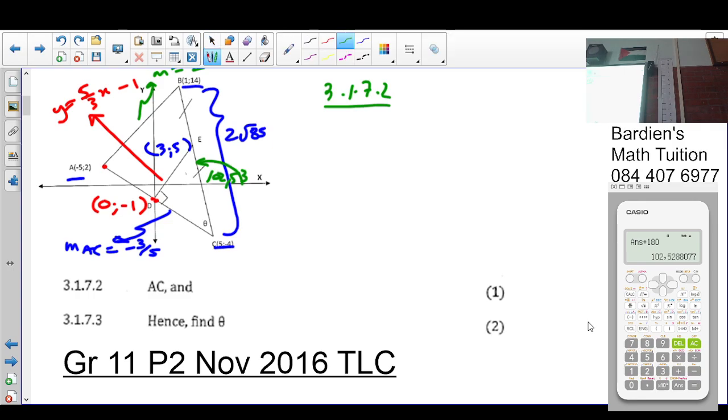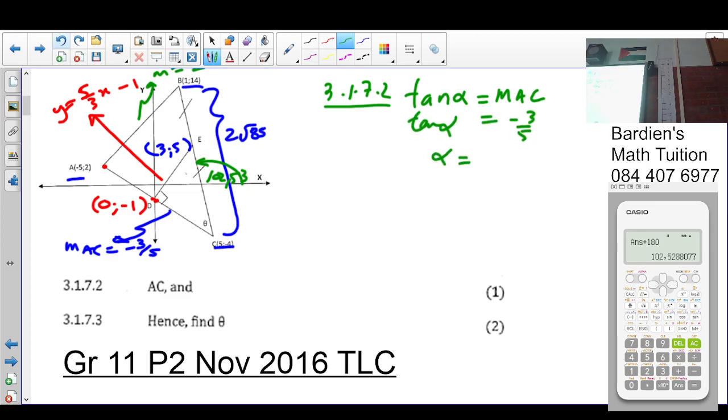There is AC. Okay, the question paper memo can be found in the description box below. Okay, this is a line AC. So the inclination is, of course, this angle that is made there. Again, it's an obtuse angle. Can you see that, people? Do we have the gradient of that line? Yes. So let's call that alpha for now. So tan of alpha equals the gradient of AC. We know the gradient of AC to be negative 3 over 5.